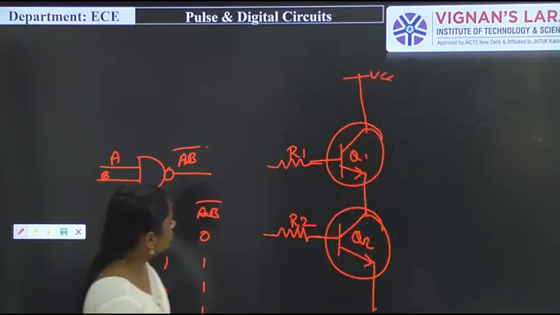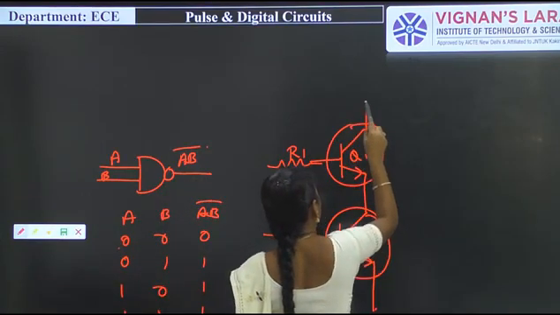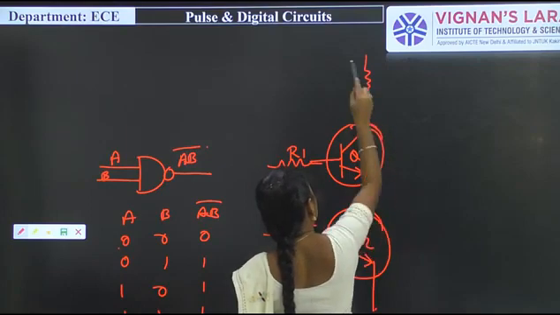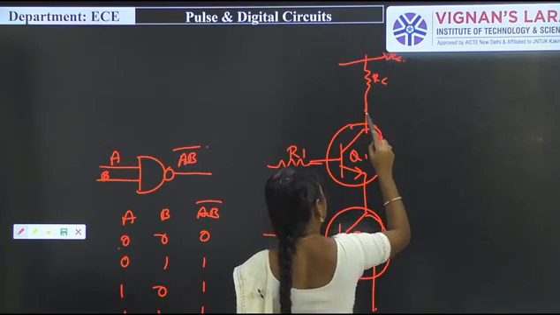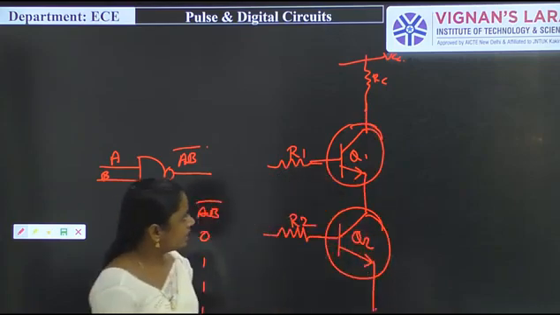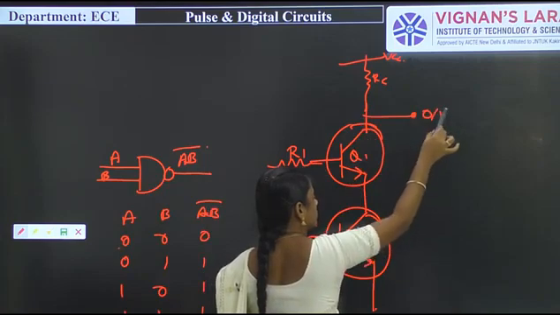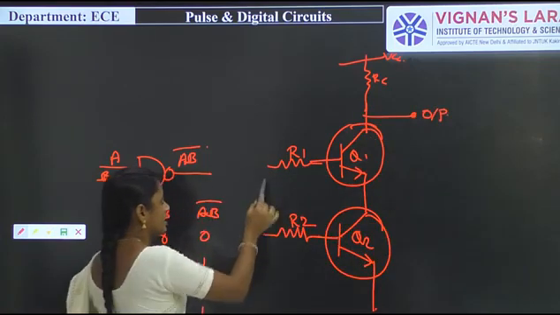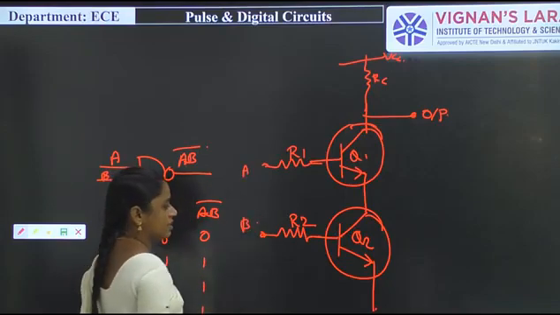After that, there is a resistor here. Output is taken here. So this is an input signal and both the transistors are connected in the series manner.